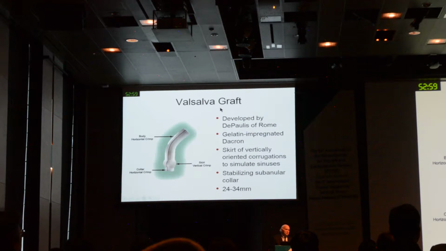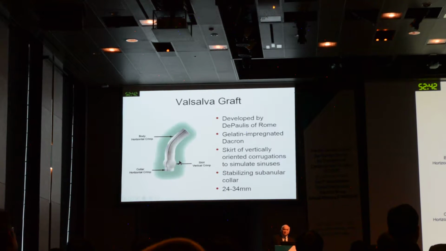We found it easier to use the Valsalva graft, a graft which already has sinuses preformed. It has a collar at the bottom and a long tubular part at the top. This was developed by Ruggiero de Paulus in Rome.